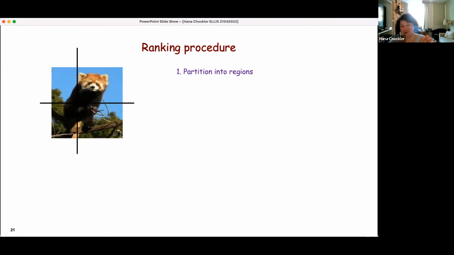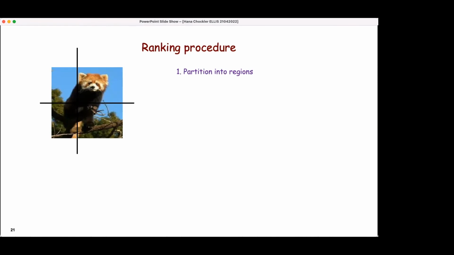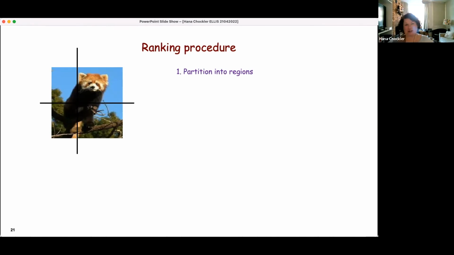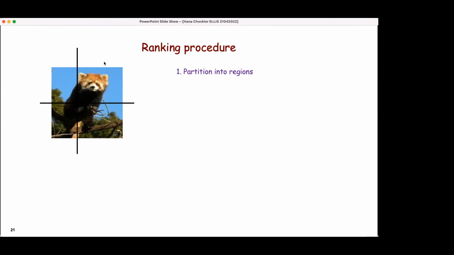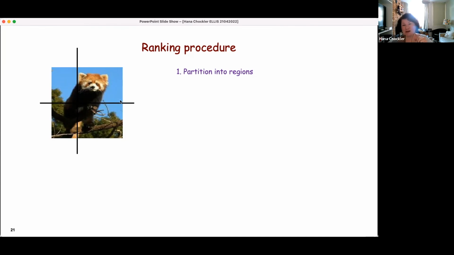We're talking about images, where we partition into regions. Now for each region, for example for the top right corner, do you see my cursor? The question would be, if I remove it, will it still be a panda? Right, if I cover it.